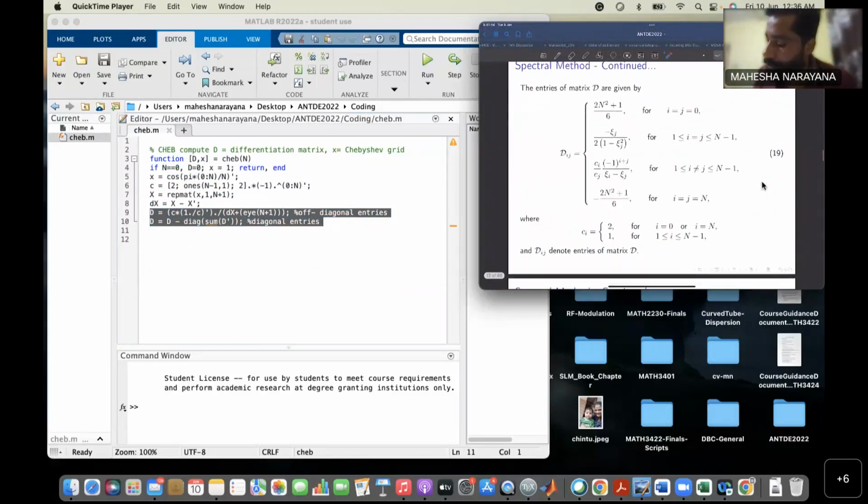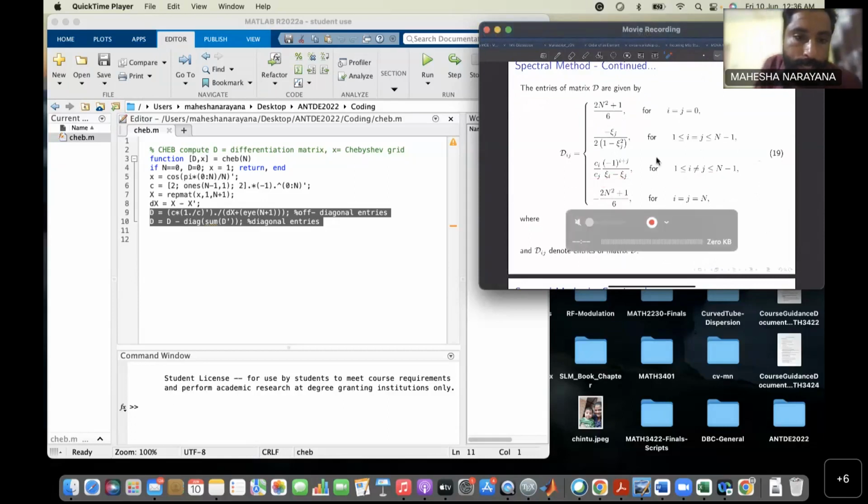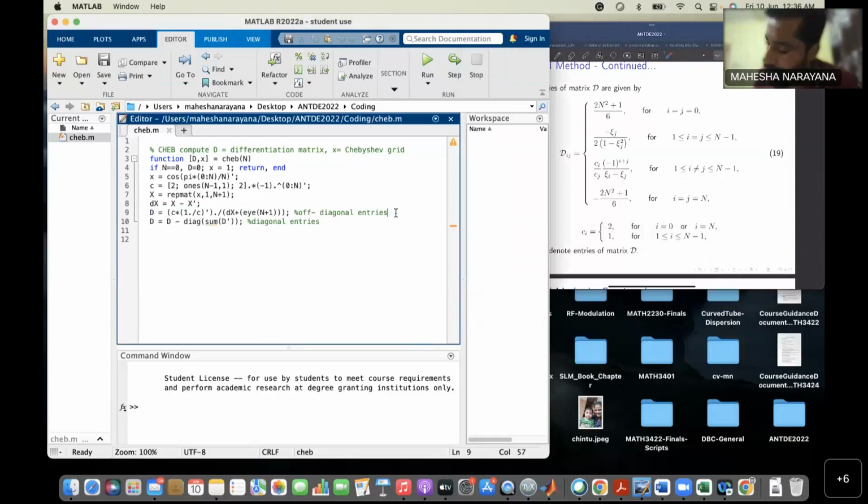And yeah, for the off diagonal entries, you'll see that equation number 9 is being implemented. And for diagonal entries, it is not the same as shown in equation number 19, but rather an identity is used here, a relation.